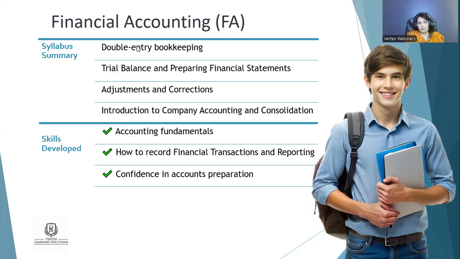So with the trial balance you need to check. Sometimes it doesn't balance, or it balances but there are still some mistakes. So how do you rectify those mistakes, how do you do adjustments? Sometimes at year end you need to make some corrections and adjustments.